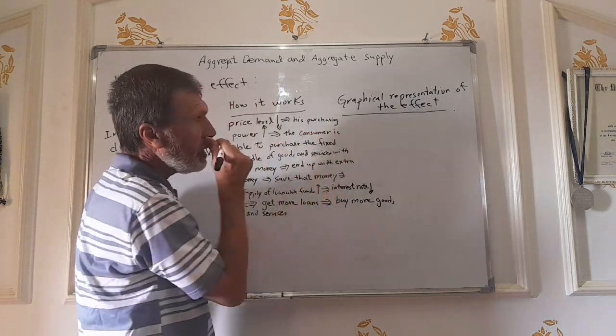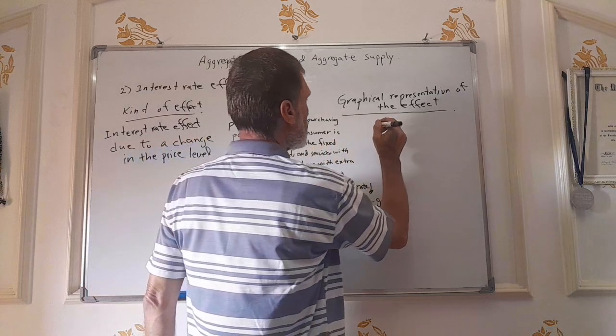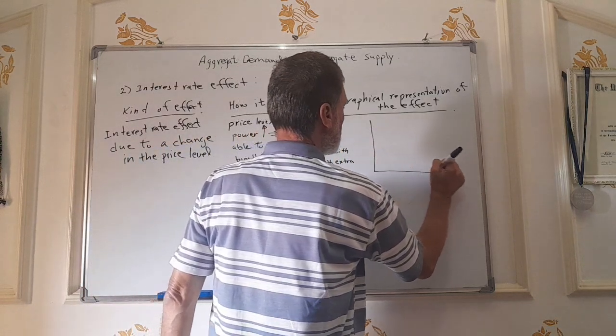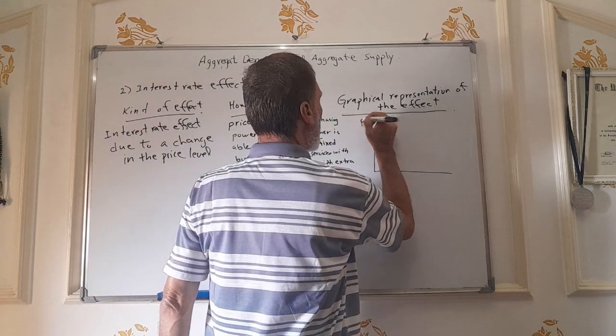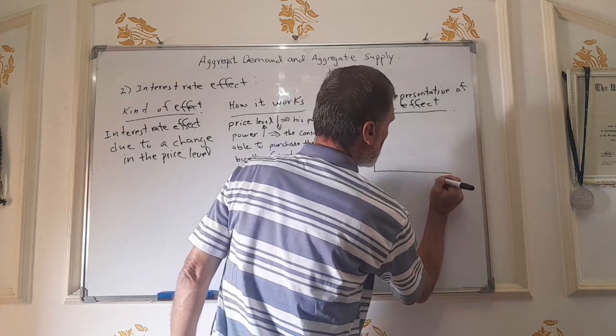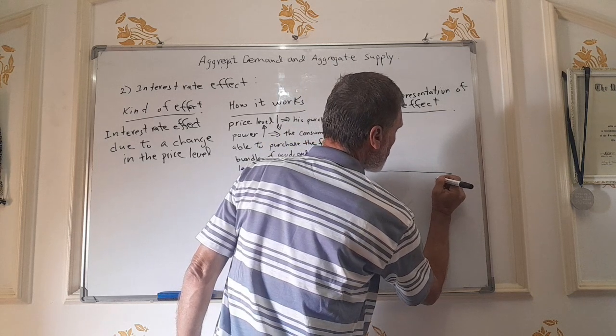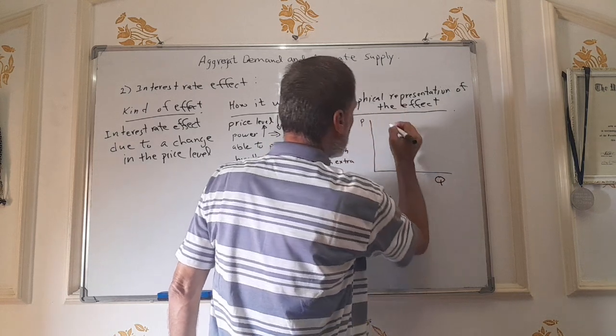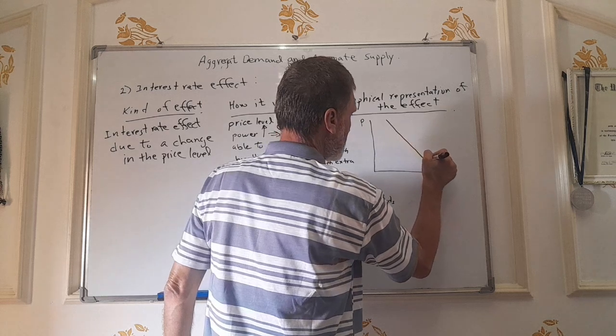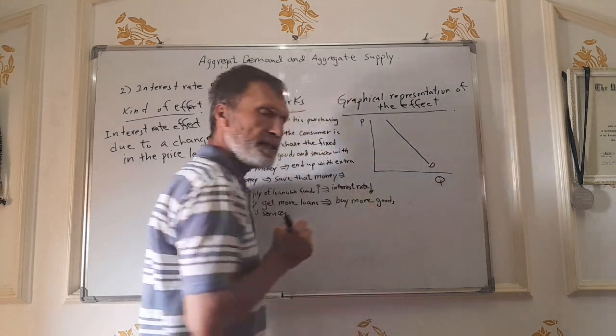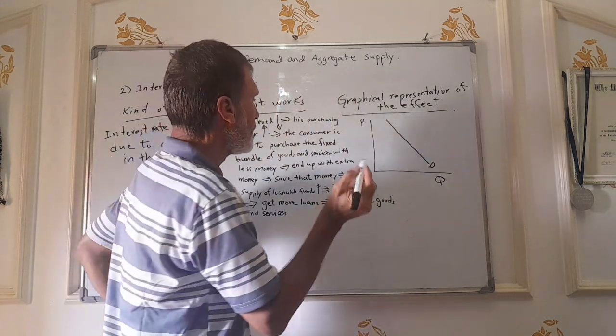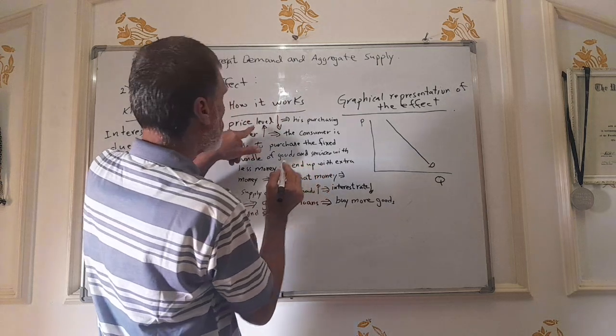So we could portray this one graphically, as you can see over here. This is the price level. This is the quantity demanded of real GDP. Okay, and this is the demand curve, the aggregate demand curve, that is downward sloping. Now, of course, the price level goes down.